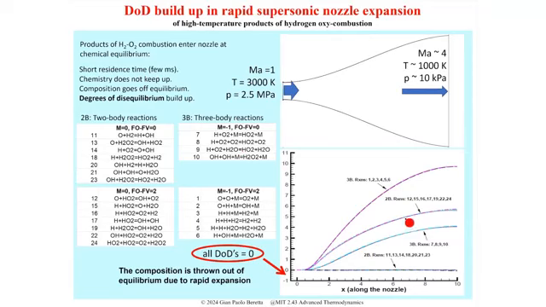Then we have another group, which is these ones. These are two-body reactions, but their bottleneck is that these reactions change this magic difference between free oxygen and free valence. They change it by the same amount, 2. This is what they have in common.